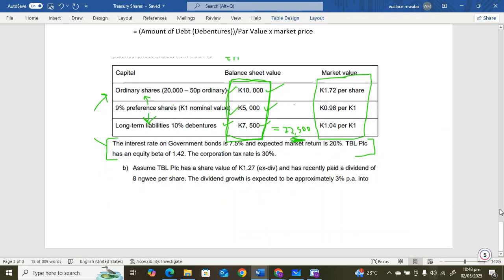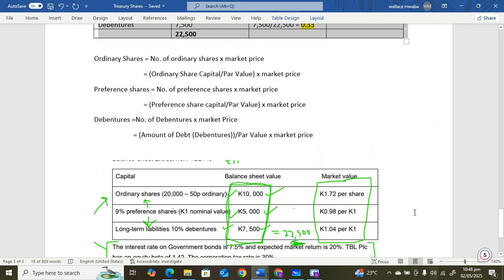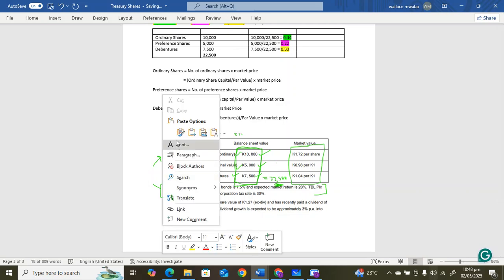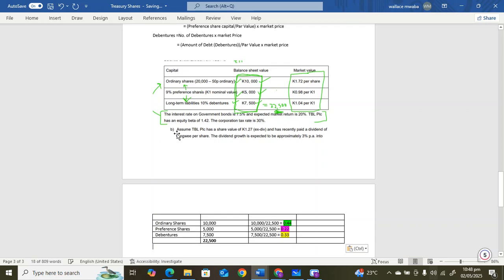Yes, because you'll be dealing with kwacha. So if you're given something in Ngwe, you have to convert it into kwacha. It's a must to always convert the Ngwe to kwacha by dividing by 100.